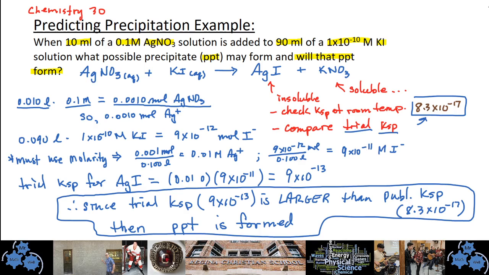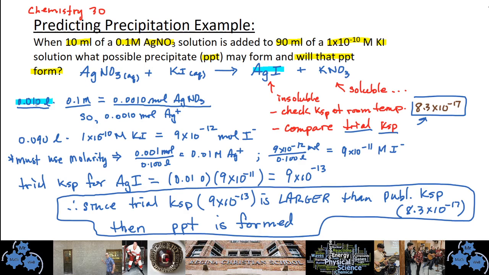All right, so let's pop over here. And what we're going to want to do first, of course, is focus on this AgI. So I want to find out how many moles of Ag I have. So we want to go to this original substance. We know that we have 10 mL, so that is 0.01 liters. And the reason why we want to change it to liters is because this capital M, molar, is moles per liter.